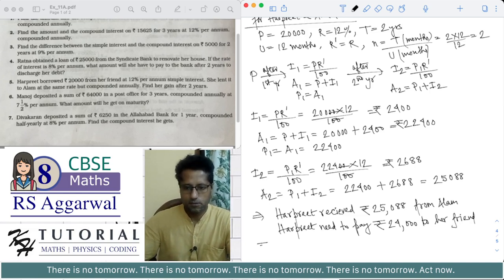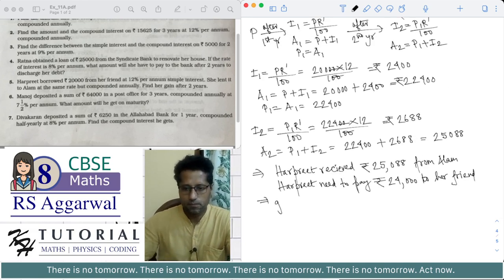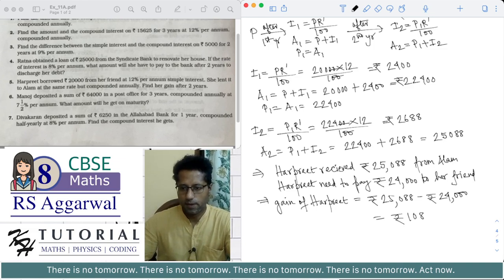So this implies that the gain of Harpreet will be equal to rupees 25,088 minus rupees 24,000. This is equal to rupees 1088. So this is the gain of Harpreet.